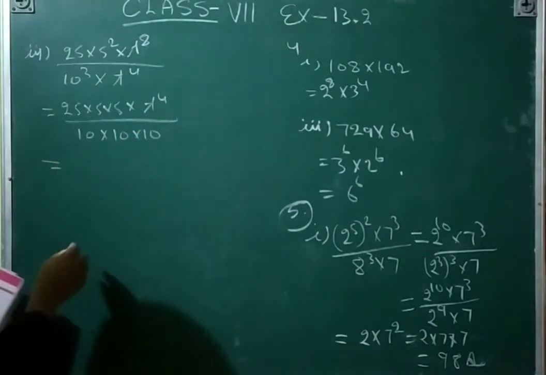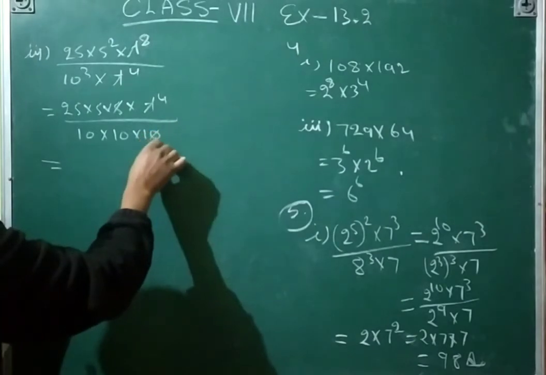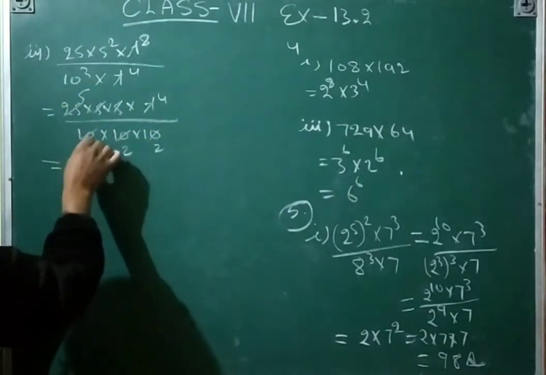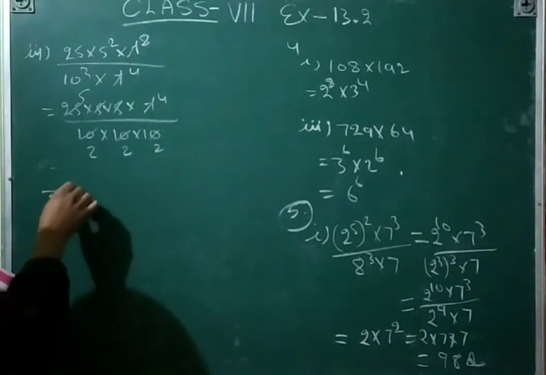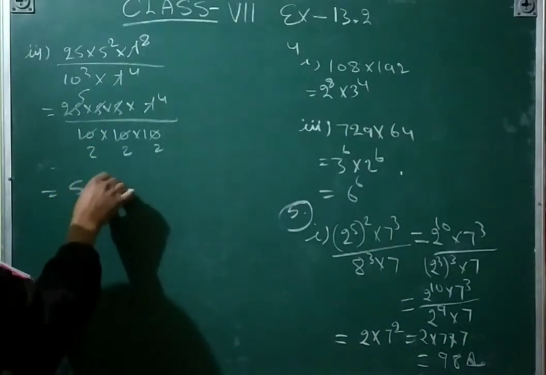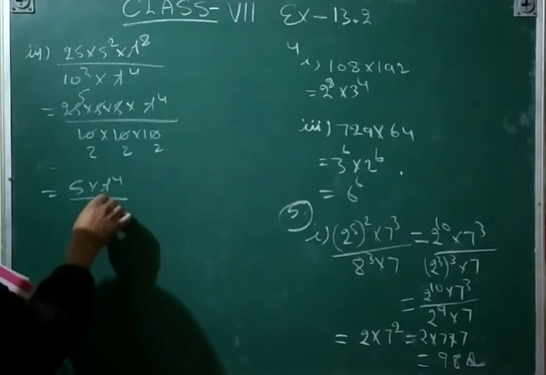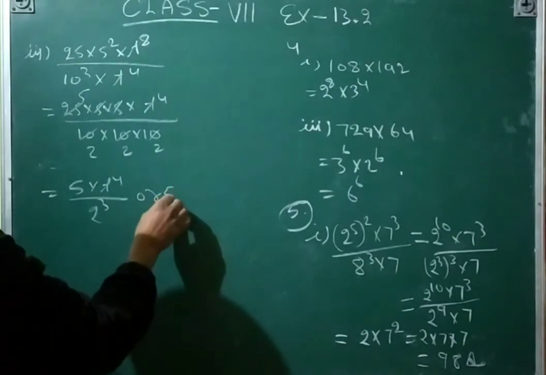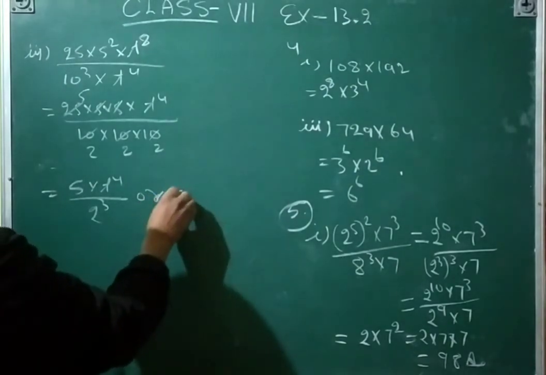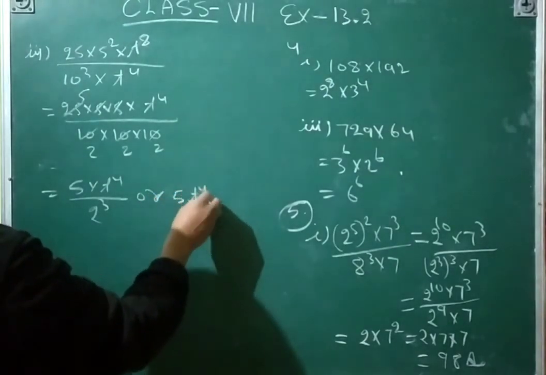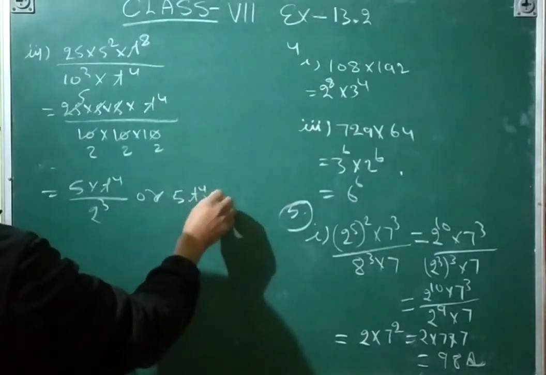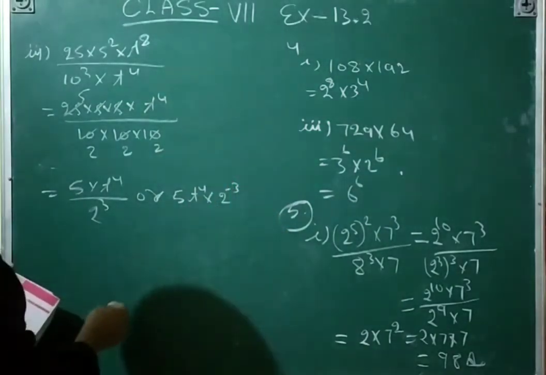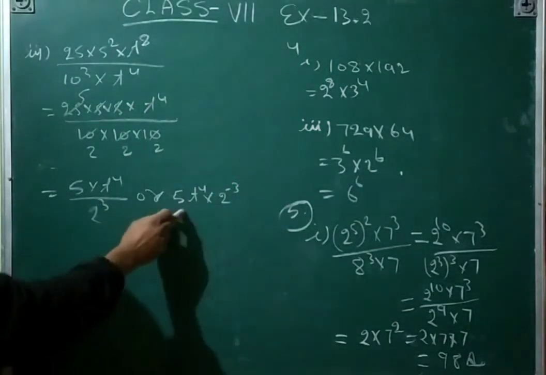Like this we can write also 5 2s, 5 2s, 5 5s, 5 2s. So that you are looking here 5 into t power 4 upon 2 power 3. 2 time is there, or you can write like this also 5 t power 4 multiply 2 power minus 3, also write like this, or this one is better than this one.